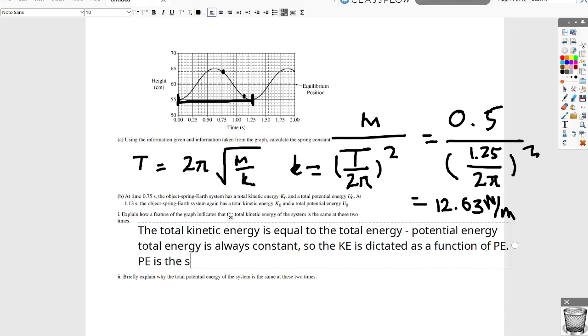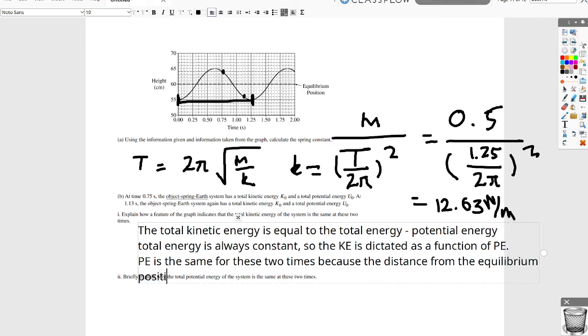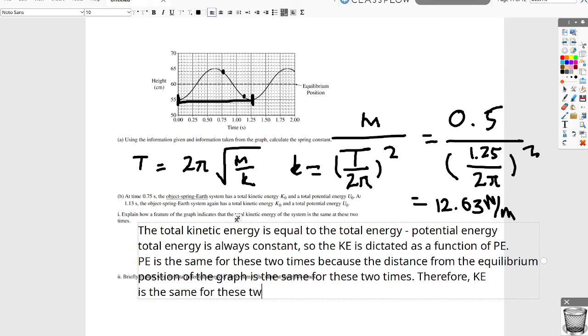So PE is the same for these two times because the distance from the equilibrium position on the graph is the same for these two times. Therefore KE is the same for these two times.